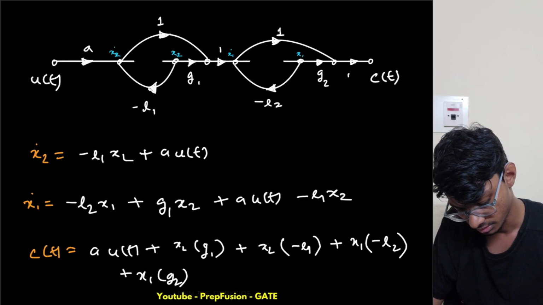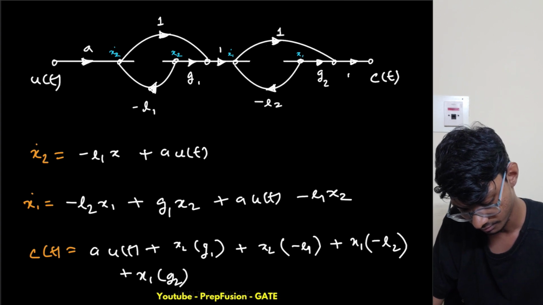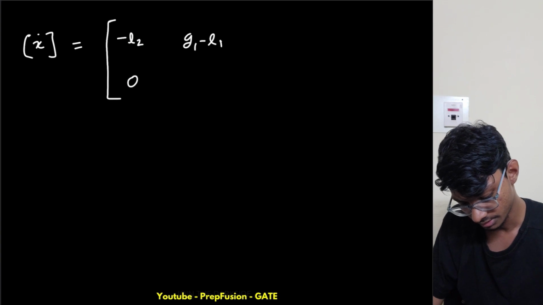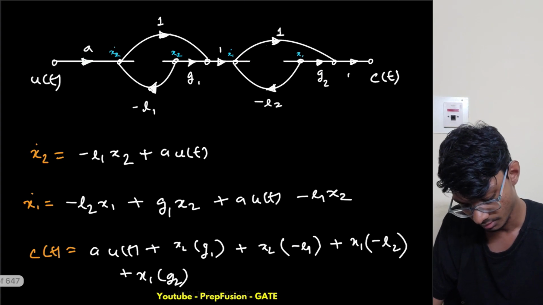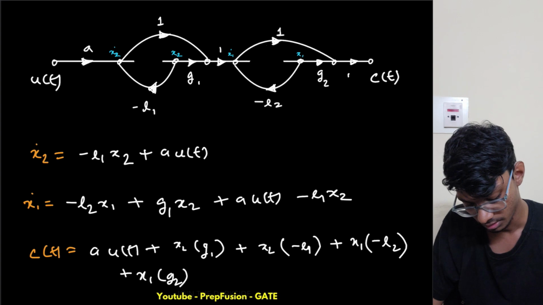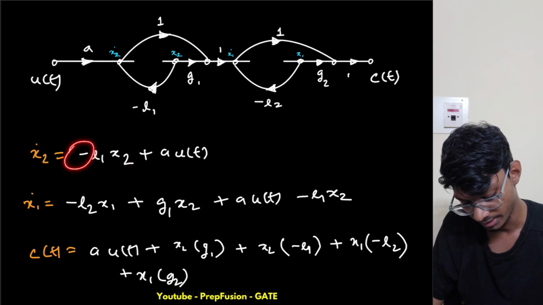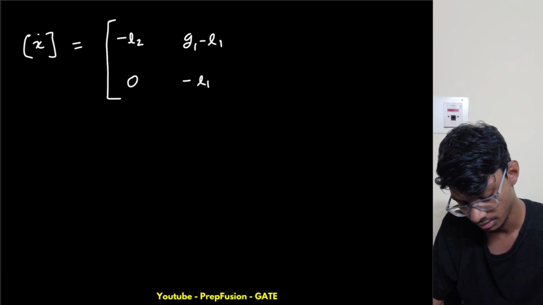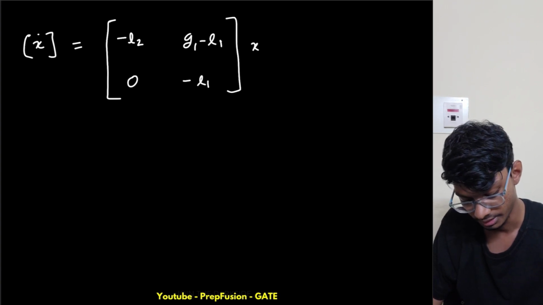Okay, this is x2 actually. So this will be minus L1, and yeah, okay, sorry, I zoomed in a bit. This will be minus L1, and I have x state vector right here.